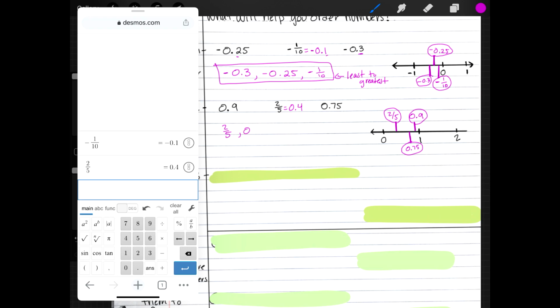Then we have the 0.75. And the greatest number that we have on this set is 0.9. Okay, and these make a little bit more sense because they are positive. So you see the 4 is first, and then the 7, and then the 9. Over here with the negatives, it's the opposite because we're going the other way.